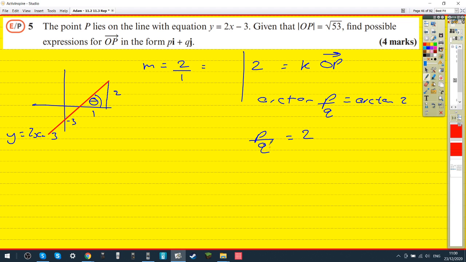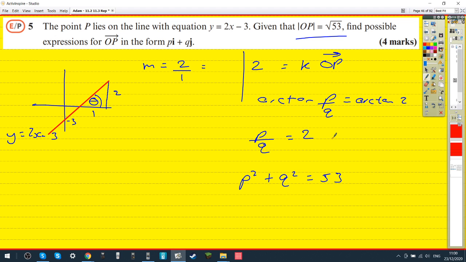We also know that P squared plus Q squared gives you 53, because of Pythagoras.